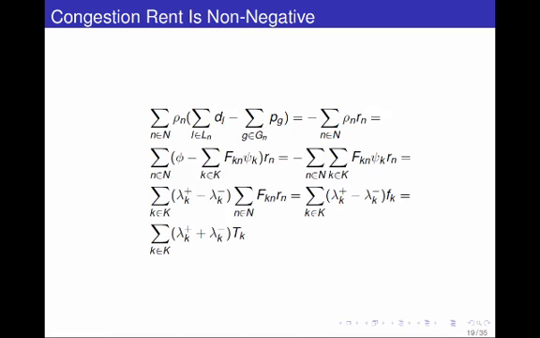And the proof that congestion rent is non-negative is the following. This is the congestion rent. We're taking the locational marginal price at area N. These are the payments made by loads in area N, minus the payments made to generators in area N, and we're summing that up over all the locations. That's the definition of congestion rent.